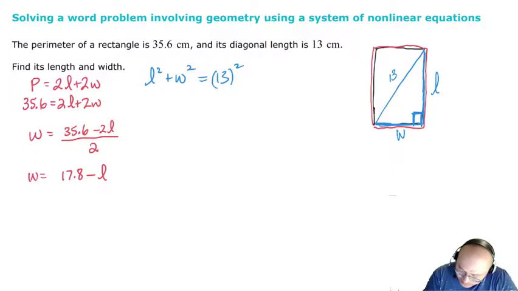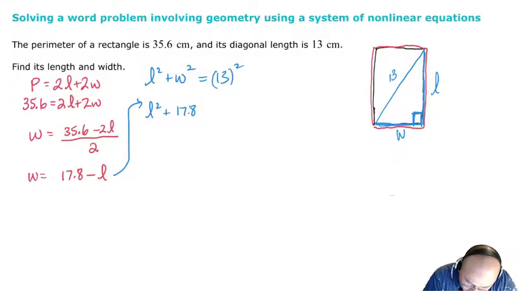I'm going to take that W and substitute it over here. We get L squared plus the quantity 17.8 minus L, squared, is equal to 13 squared. Let's simplify this.